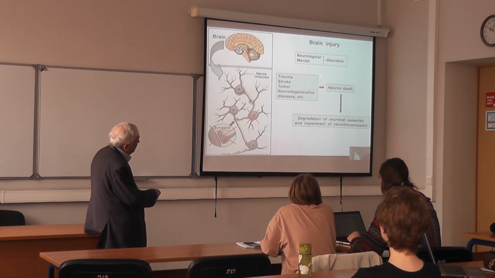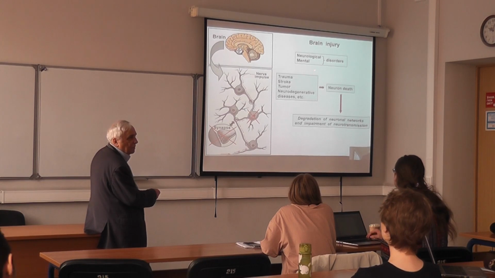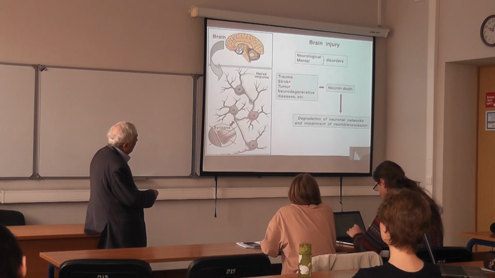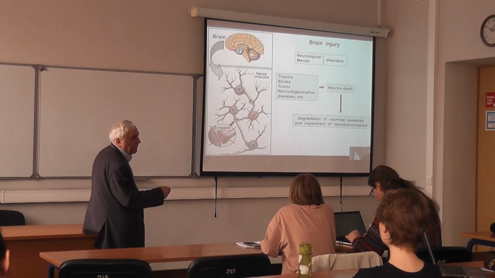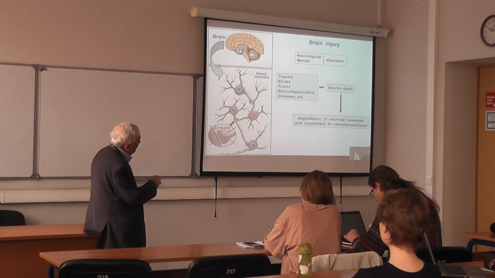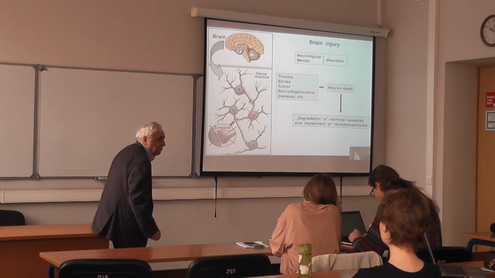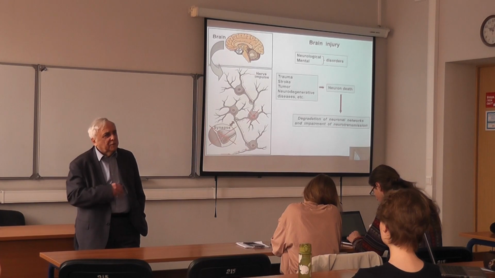All the diseases can be divided into two types: acute diseases, trauma, stroke, and chronic diseases, neurodegenerative diseases. Chronic means that they develop for a very long time, and acute that they appear immediately, like trauma or stroke, etc.